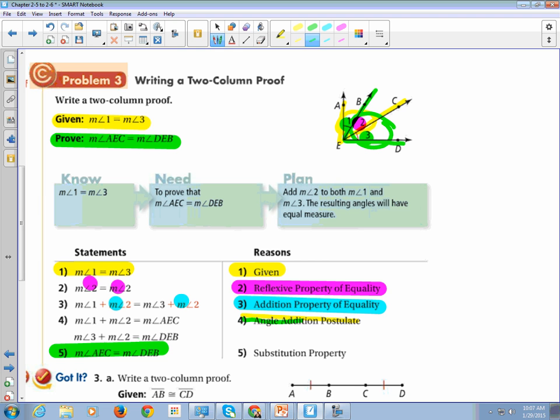Once again, that's the angle addition postulate. So we're going to use substitution. We're going to take out the measure of angle 1 plus the measure of angle 2 and put in measure of angle AEC. And we're going to take out measure of angle 3 plus the measure of angle 2 and put in measure of angle DEB. And that's called the substitution property.